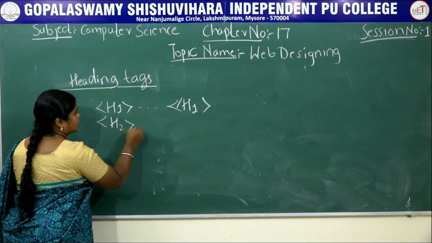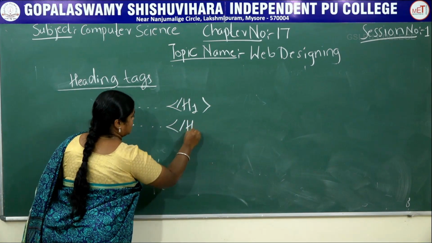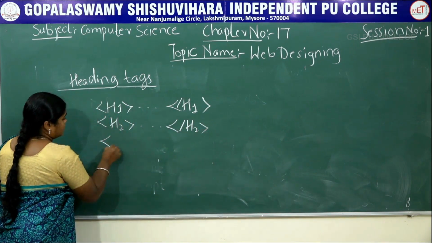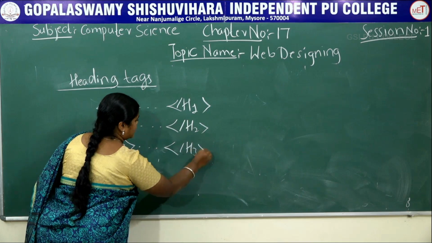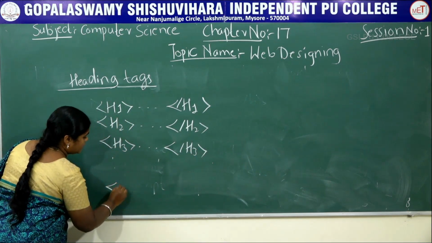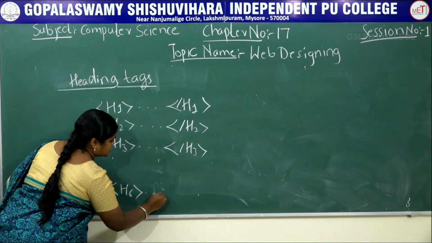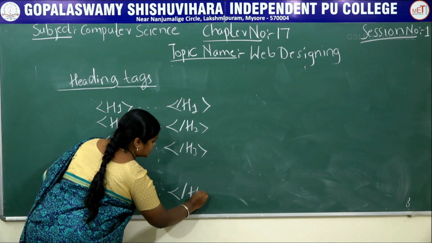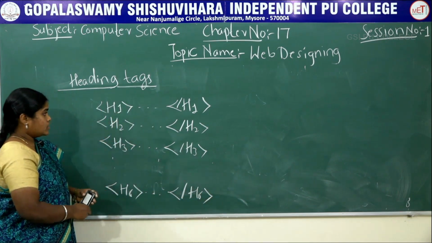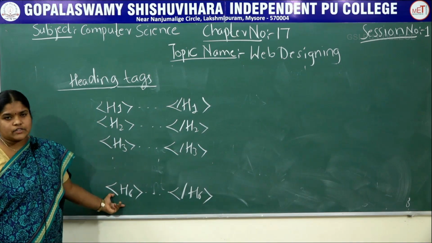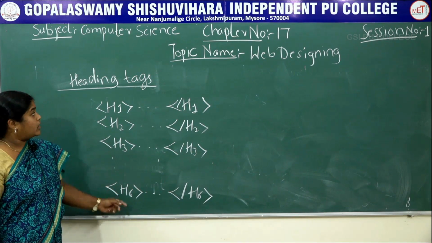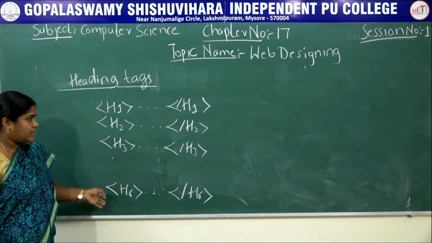This is H2. Specify the text, /H2. In the same way H3, /H3, and so on till H6. Specify the text, /H6. So the H1 tag will give you the maximum font while H6 will give you the smallest font. So these are some of the heading tags.